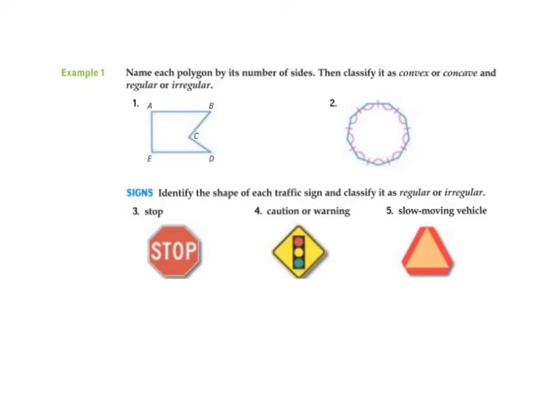Let's have a look at example 1 in its question form, question number 1. First of all, you've got to name each polygon by its number of sides. Question number 1 is a 5-sided figure, so it's a pentagon. What else is it asking you for? Classifying it as convex or concave.